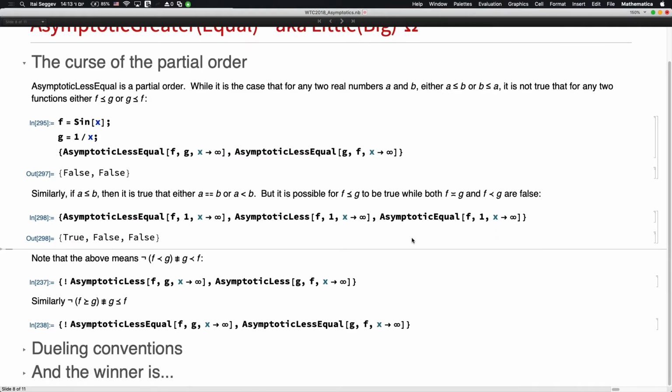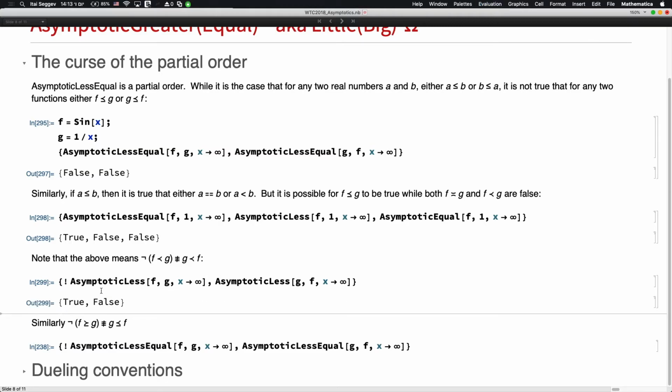And it is neither the case that f is less than or equal to g nor that g is less than or equal to f. Similarly, if you have that a is less than or equal to b, you can conclude that either a is equal to b or a is less than b. But that also does not hold for asymptotic relations.